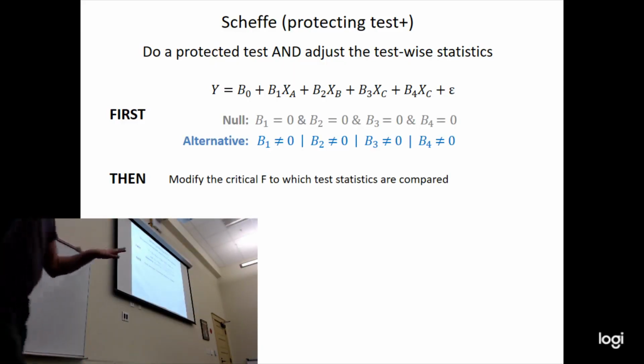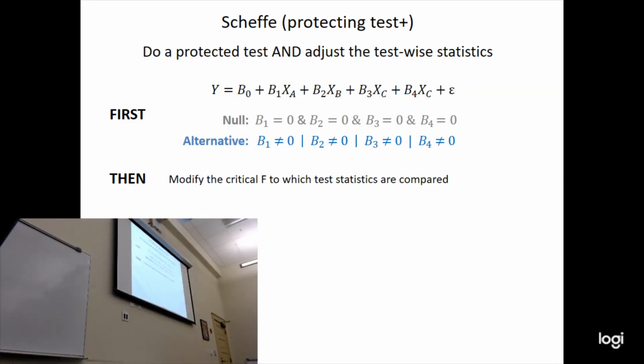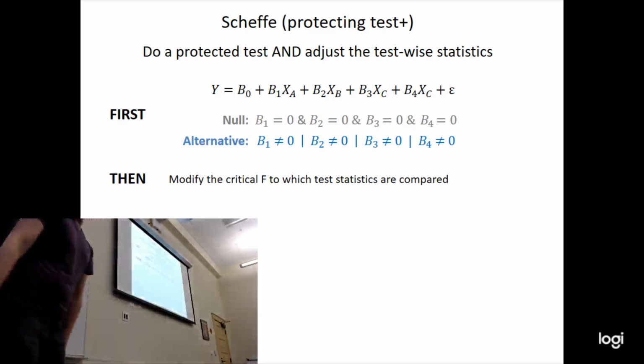The way it works, by the way, it doesn't work by correcting p-values. Instead, it modifies the test statistic that you compare the one that you observe to. So you can define a critical test statistic, the threshold beyond which anything is significant. It modifies that critical test statistic.